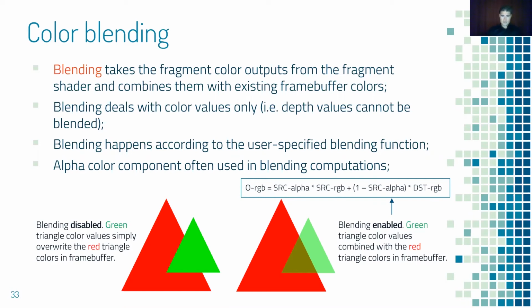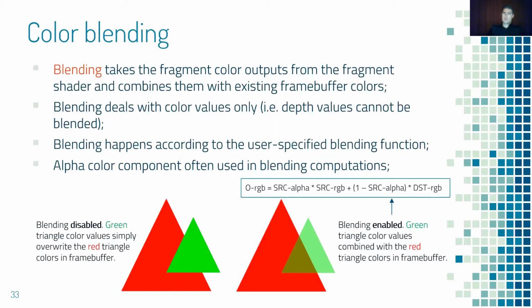So again, in the bottom left part of the slide, blending is disabled. The green triangle, which is drawn second, simply overwrites the red triangle in the frame buffer. On the right, we have blending enabled, and we used this blending function. I'm not going into details about the equation itself.